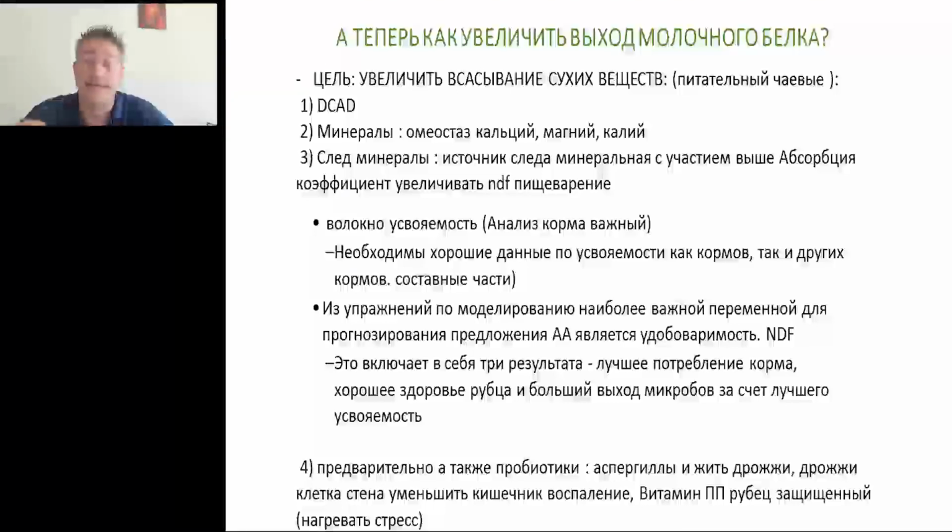For the DCAD, dietary cation anion difference, in the summertime, we can increase the percentage of potassium and sodium. In this case, we can add some potassium carbonate, which has 54% of potassium. So if I provide 120-150 grams per day, it helps a lot.